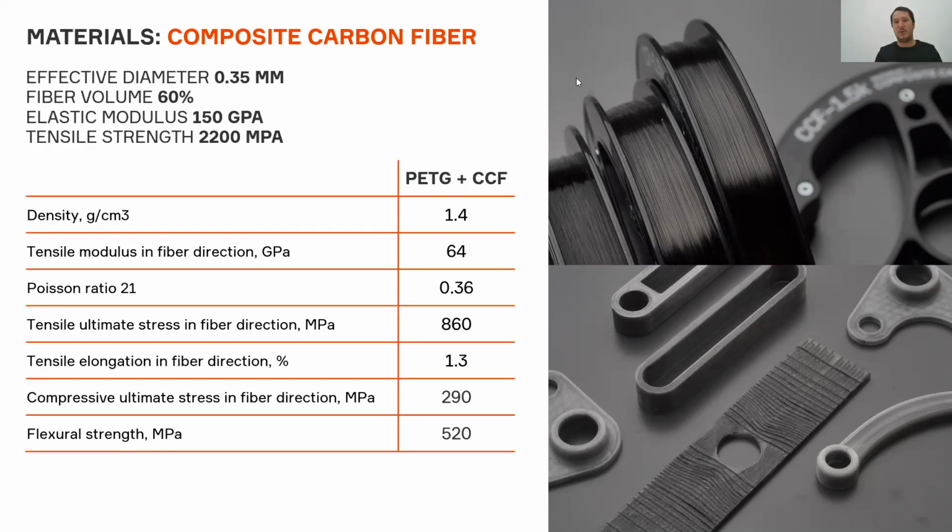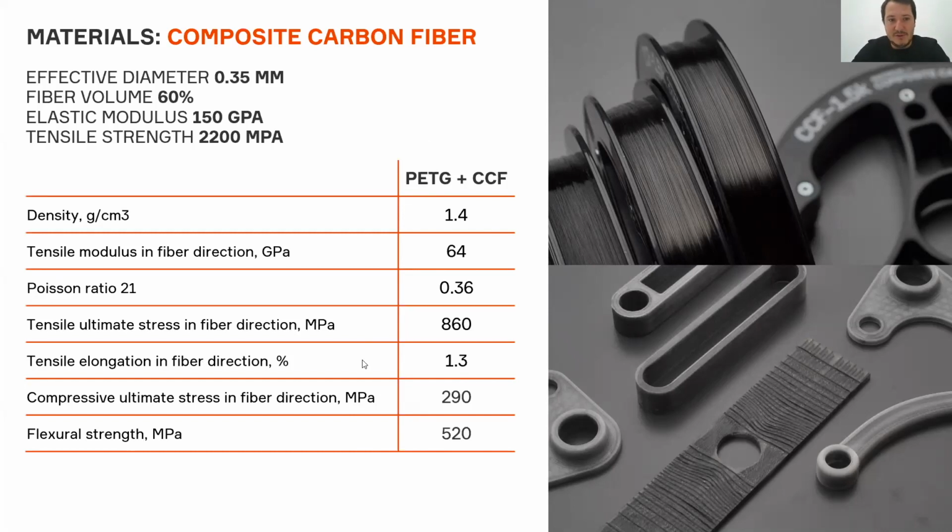But when we print it with co-extrusion, we add roughly 50% of thermoplastic material. So the fiber volume fraction is reduced to 30%, and you can see the actual properties of the 3D printed materials on the page.